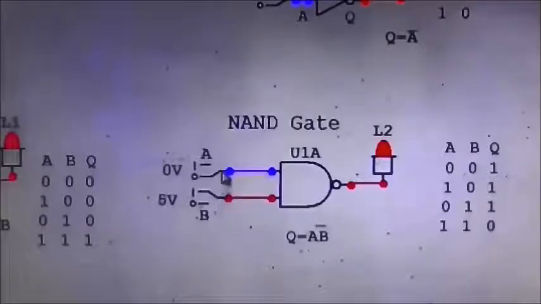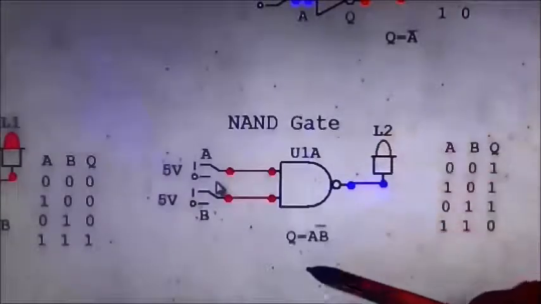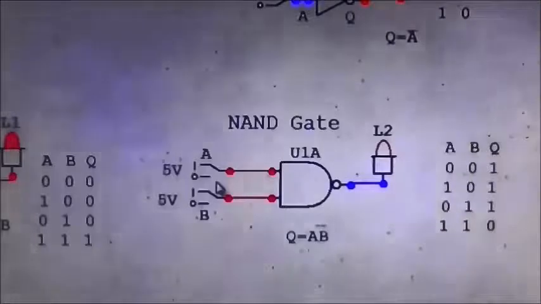It's only low when both inputs are set to 1. The Boolean expression is Q equals bar AB. So we multiply A by B and then we take the opposite.